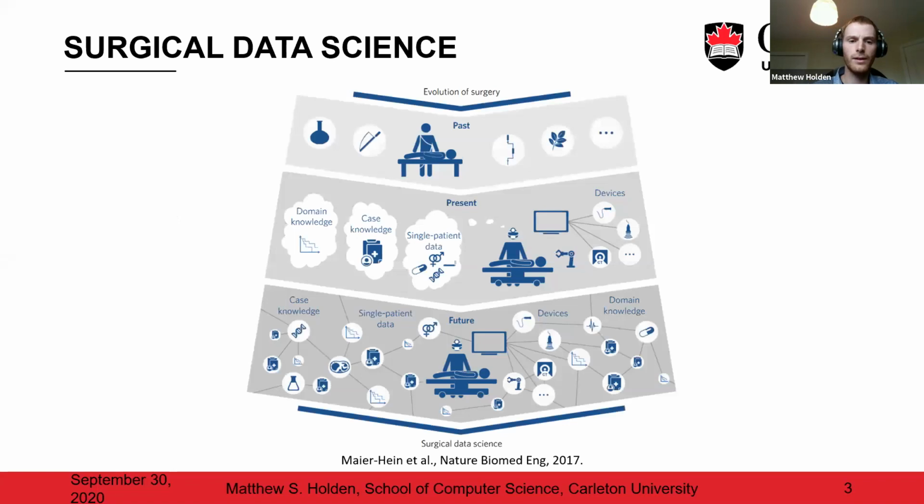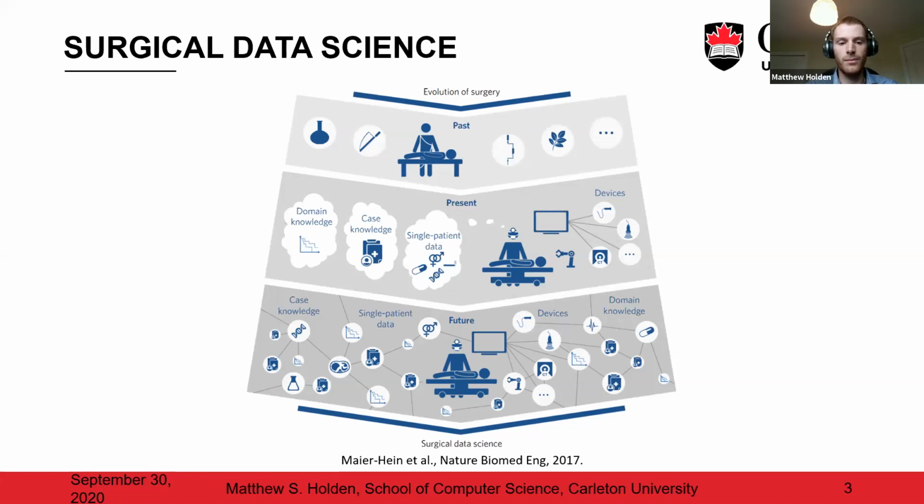And so the community vision for surgical data science looks something like the following. Whereas in the past we had fairly limited knowledge of medical interventions, of human anatomy, and we had fairly rudimentary tools to perform surgery, at present we actually have quite sophisticated knowledge. We know a lot about medicine.